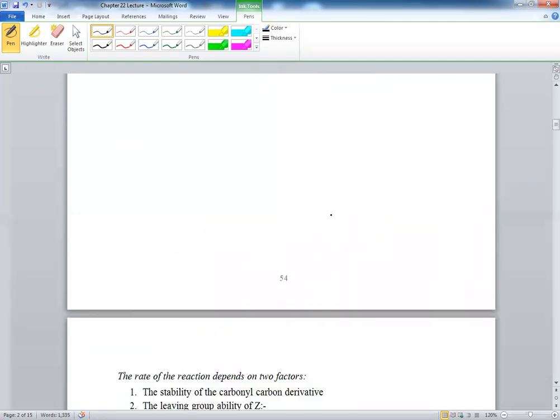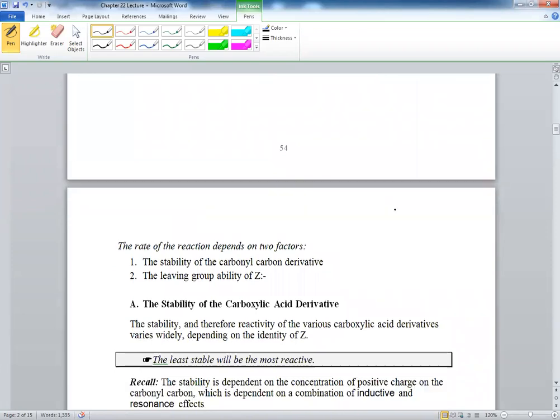So let's take a look down here. The rate of the reaction depends on two factors: the stability of the carbonyl carbon derivative. So what are you starting with? If you're starting with an acid chloride versus a carboxylic acid or a carboxylate, and then of course the leaving group ability of Z minus.